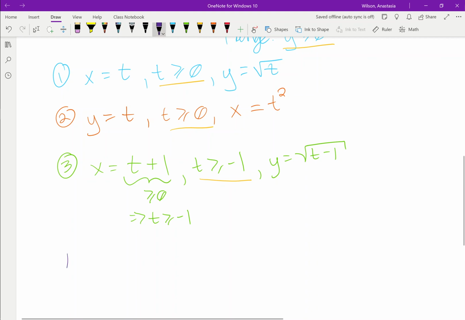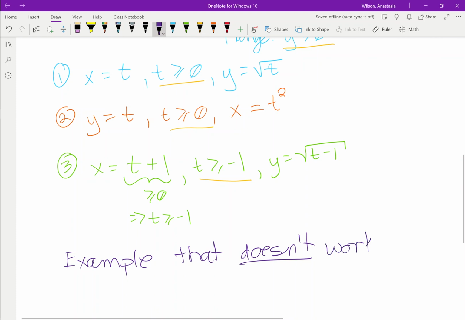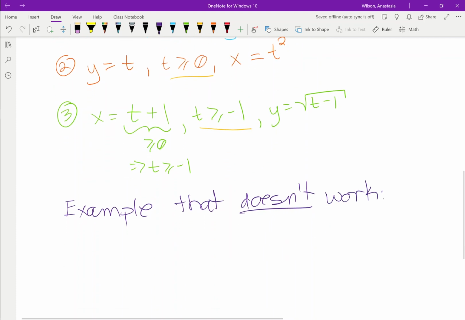let's do this. An example that doesn't work would be if for some reason you said, well, let's be crazy and let x be equal to e to the t, and then y should be equal to the square root of e to the t. But the issue there is the exponential function is never equal to 0.